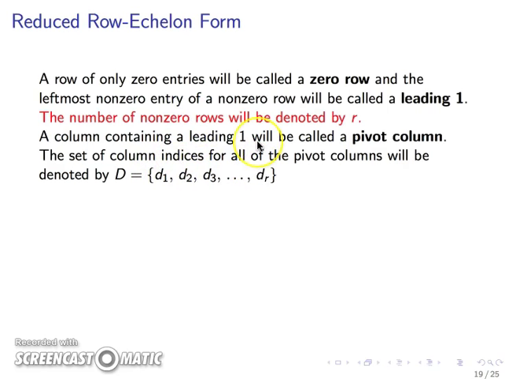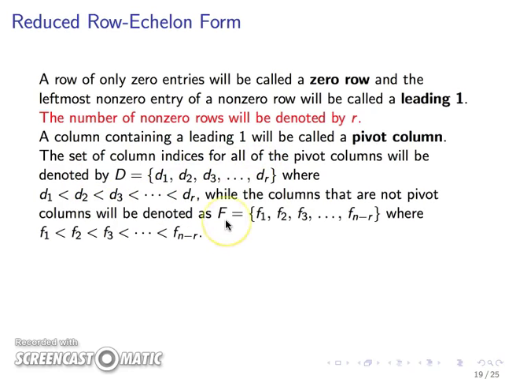These are simply the indices in the matrix corresponding to pivot columns. They are listed here in order, such that the first one is the smallest, the last one is the largest, and they are also ordered in between.